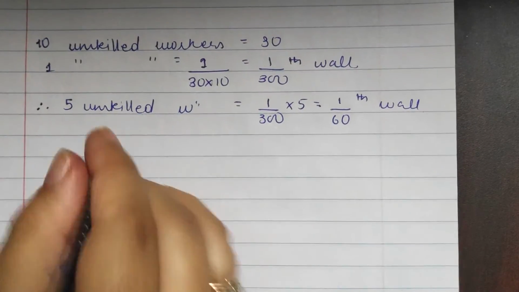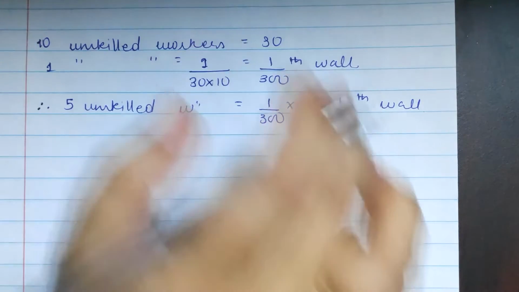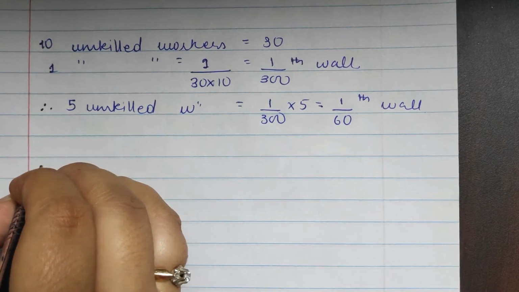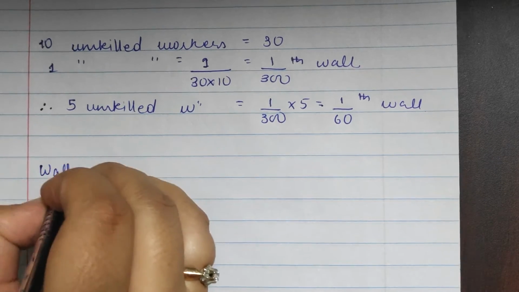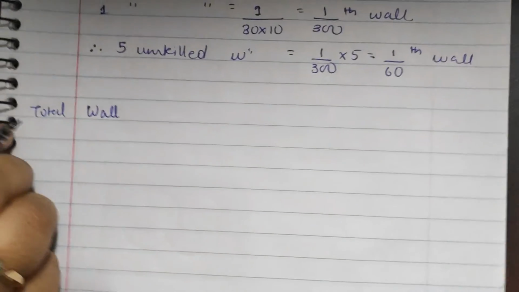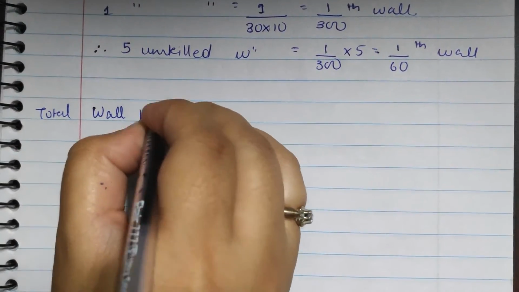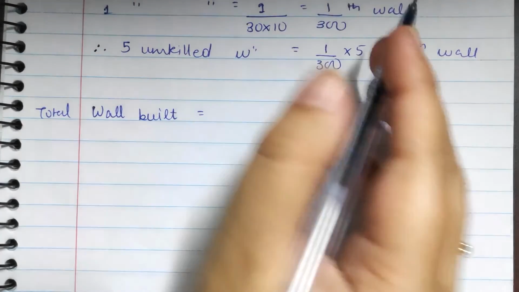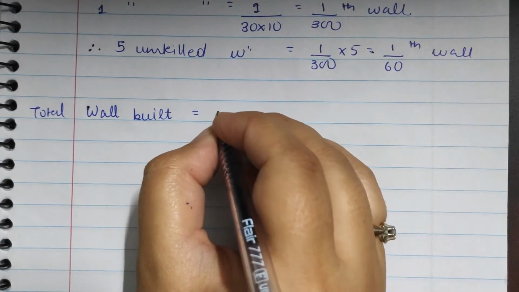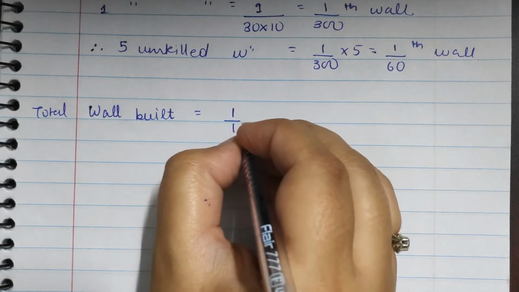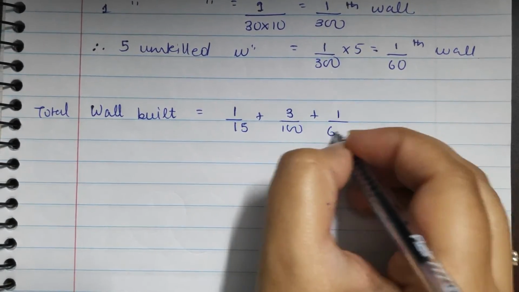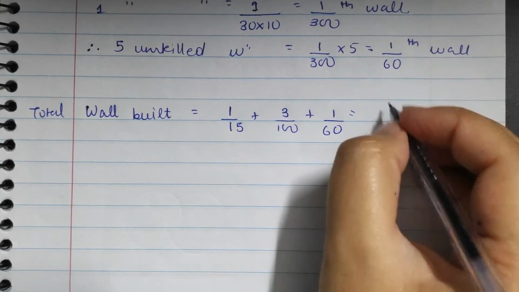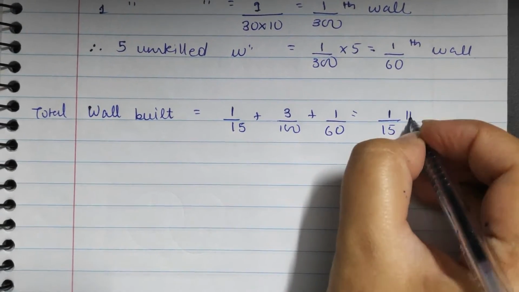So now these are all the different parts of the wall which have been built. The total wall built will be 1 by 50 plus 3 by 100 plus 1 by 60. According to all the calculations, when you break it down, this will come as 1 by 15.